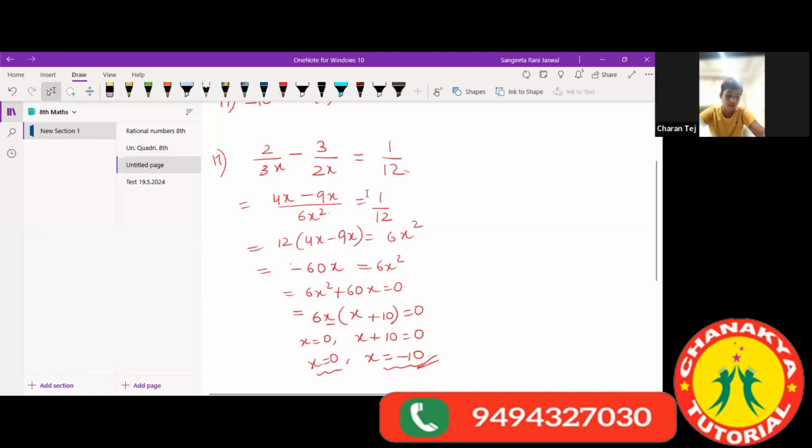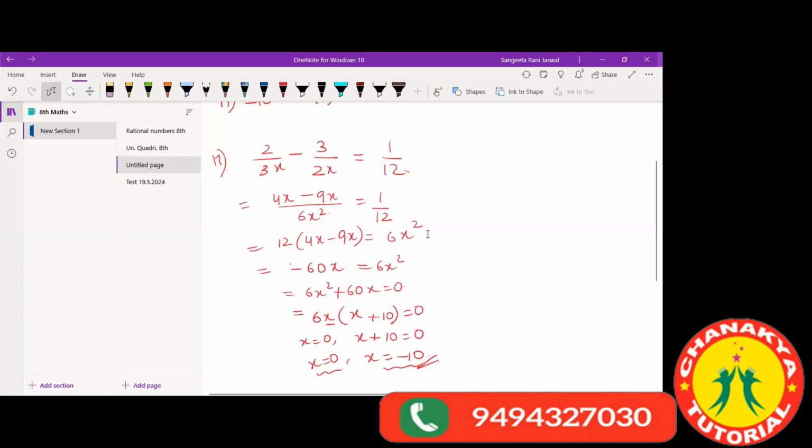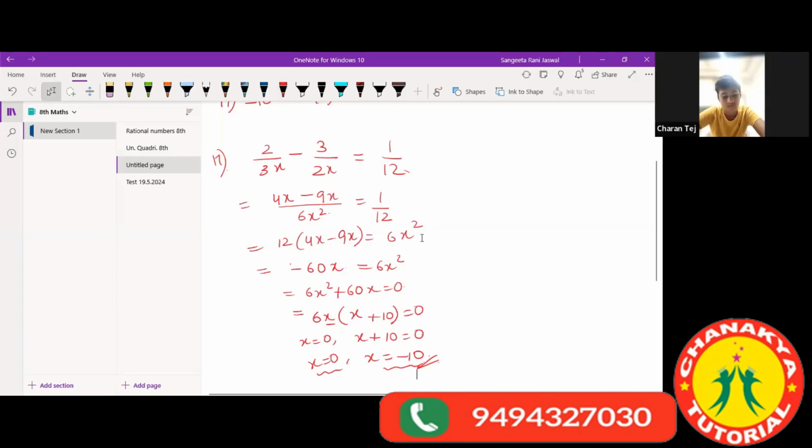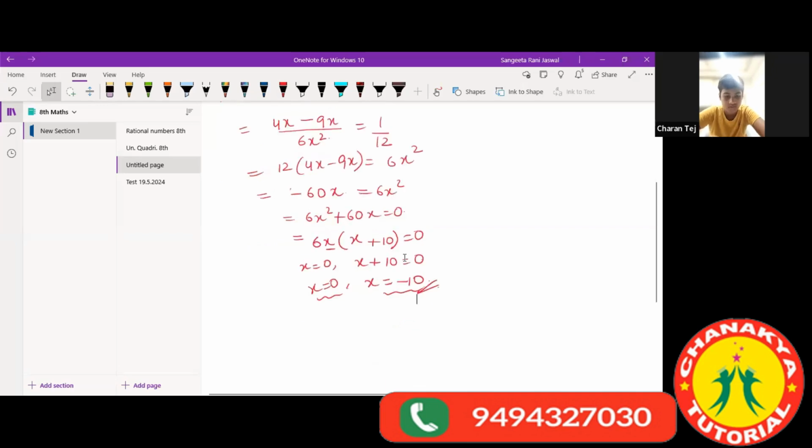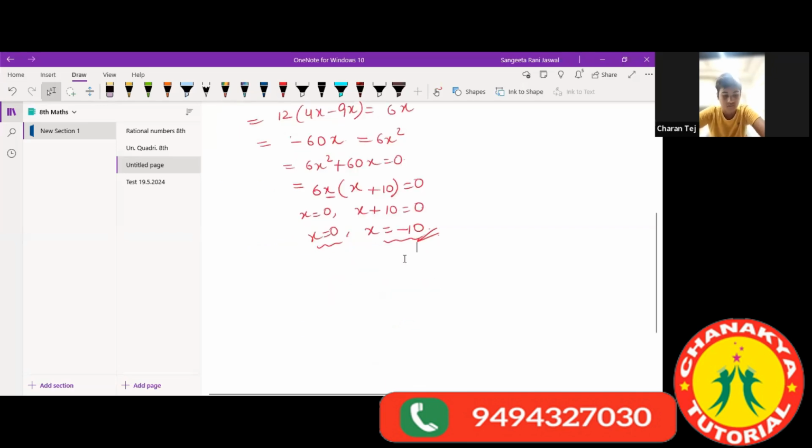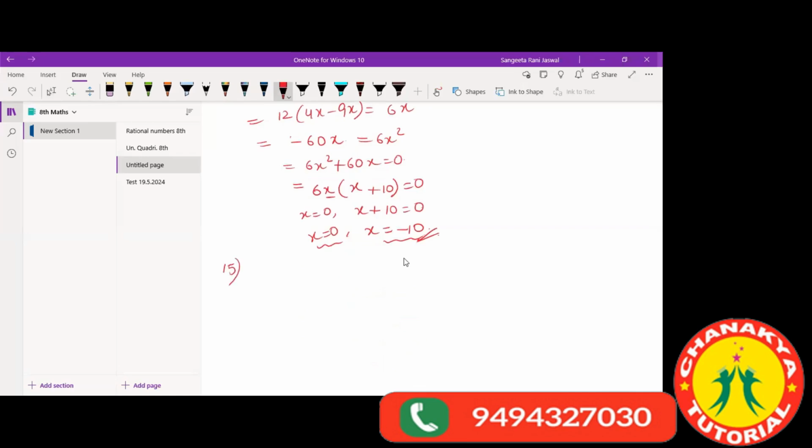Okay. Can you once explain the 15th one? Which one? The 15th one. Yes, ma'am. Okay, now see here. Do you want more questions on linear equations for today's homework?